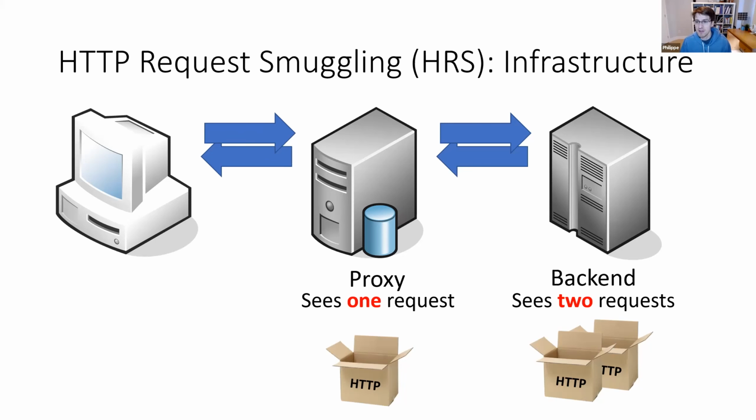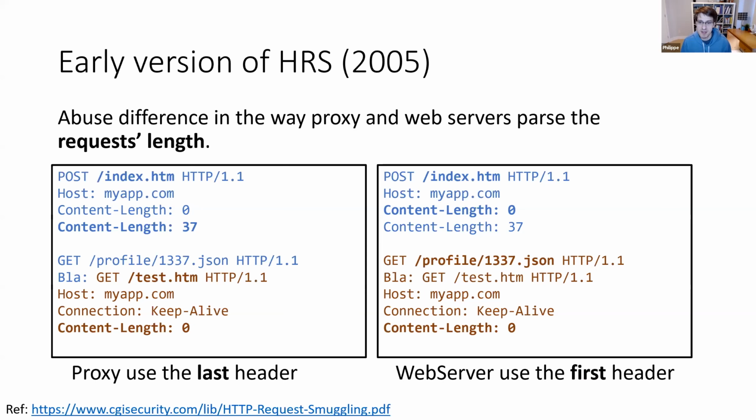We're going to have two different parsers that are looking at a byte stream and looking for HTTP messages. And the proxies will see one request, but the backend would see it a bit differently and will see actually a different resource being loaded. How is it possible?